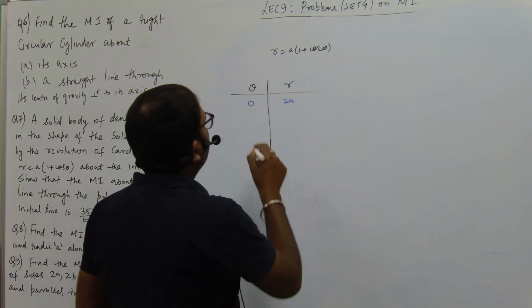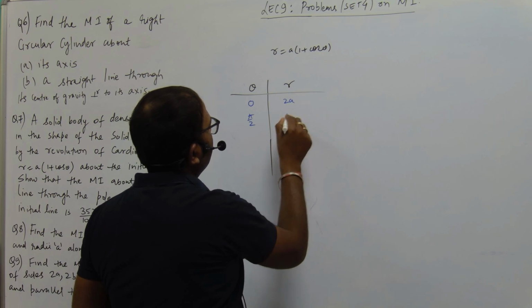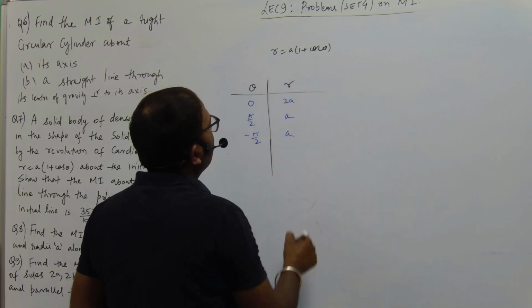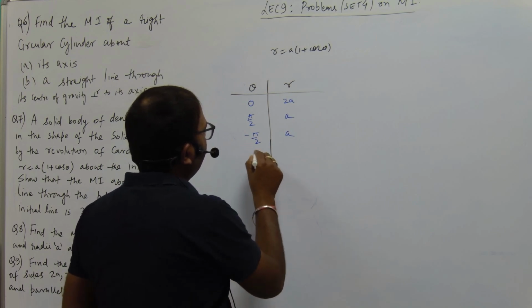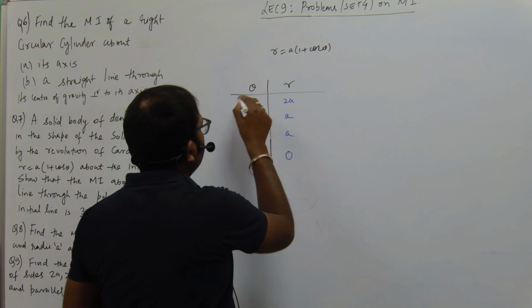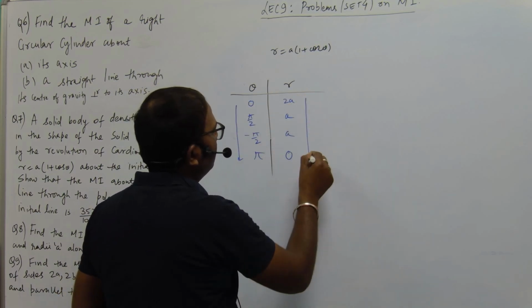When theta is equal to pi by 2, cos theta is 0, so this is a. When theta is equal to minus pi by 2, this is also a. When theta is equal to pi, the value of r is 0. So when we vary theta from 0 to pi, the value of r decreases from 2a to 0.